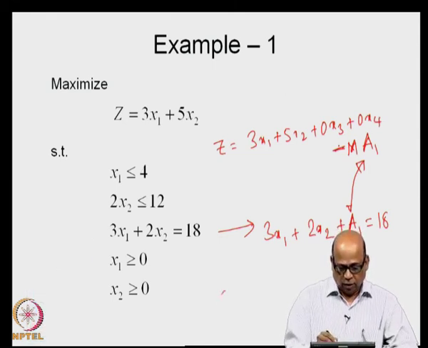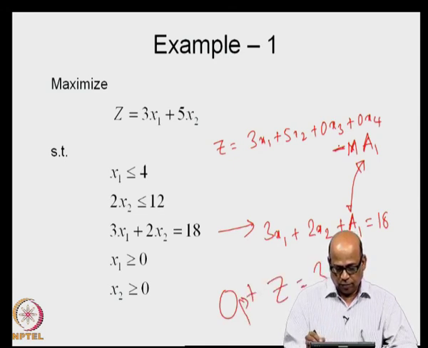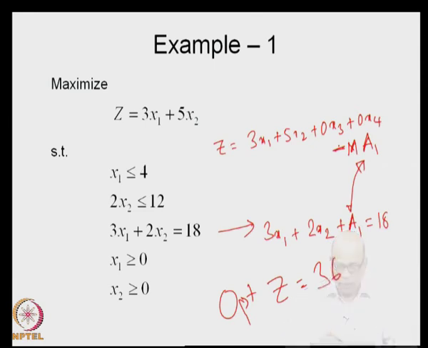So, I will write here optimal z is equal to 36, and let us say this was a less than or equal to constraint, less than or equal to 18, and you saw subsequently when we solved this with the equality constraint that this solution also led to z is equal to 36.